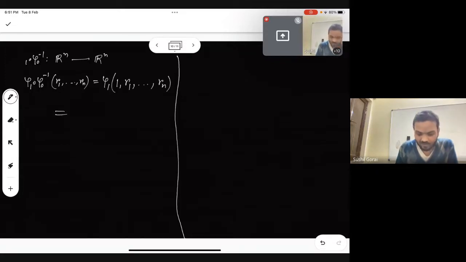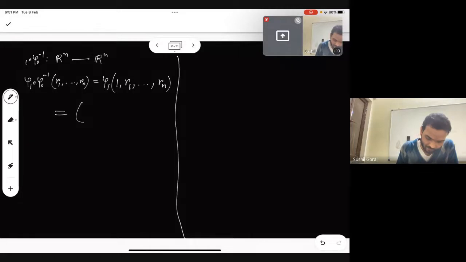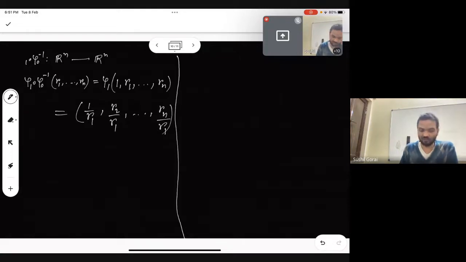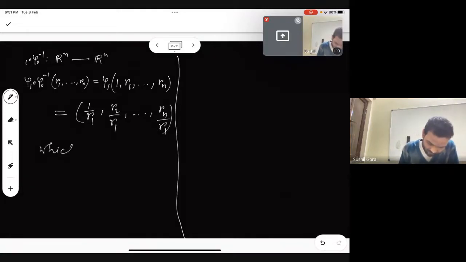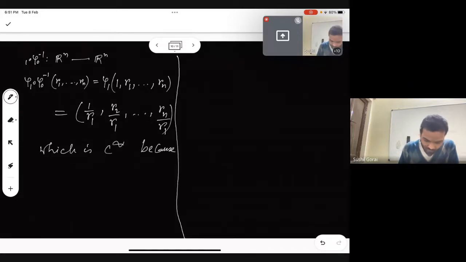And then you remove one place. So whatever is there, you divide everything by R1. So this is 1 over R1, R2 by R1, Rn by R1, right? Which is C infinity because R1 is not equal to 0.